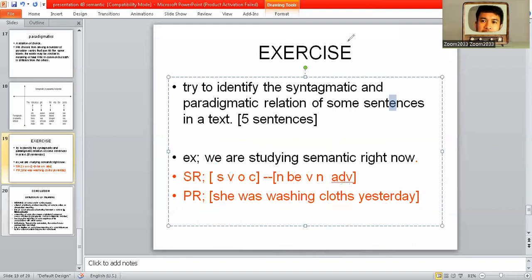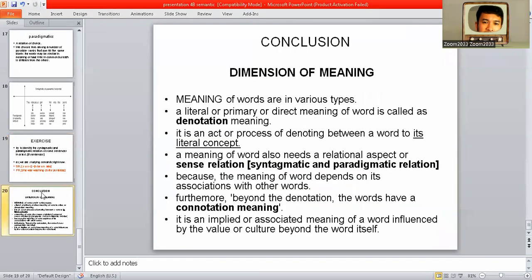Okay, so this is the summary for our presentation today about dimensions of meaning. Meaning of words has various types. We have denotation, which we know is the literal, primary, or direct meaning. We have also connotation, which is something beyond denotation, an implied meaning, an implication.